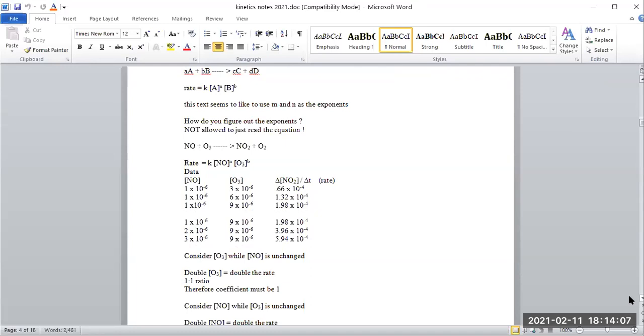In this case, it happens to be 9 times 10 to the negative 6th. And I did a similar thing to my NO that I did in the 3 lines above. First, I doubled it, then I tripled it to see what that did for the rate.